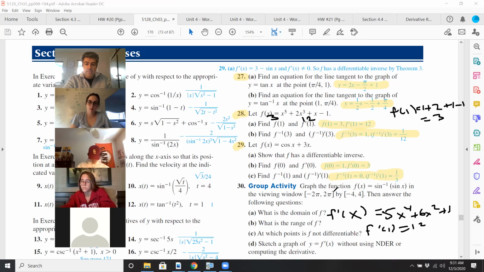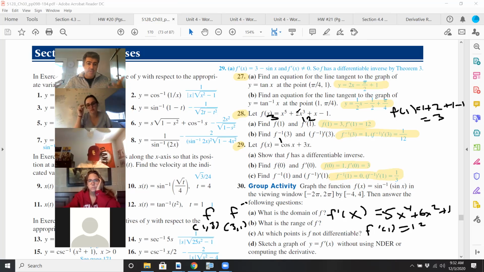Now, remember, let's make a little table here, f and f inverse. We have 1, 3 as a point, so guess what? We have 3, 1 as a point. So when you evaluate the inverse at x equals 3, it's going to be 1. You can't find the inverse function itself. You can switch x and y, so you get x equals y to the 5th plus 2y to the 3rd plus y minus 1, but good luck trying to isolate y there. That's actually mathematically impossible.